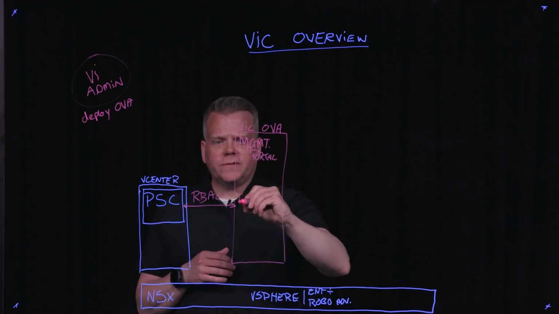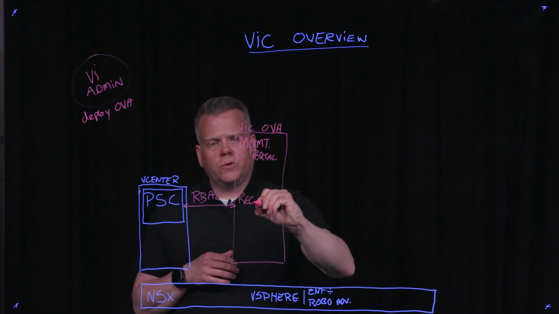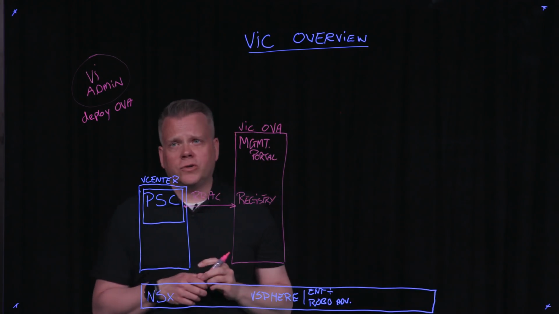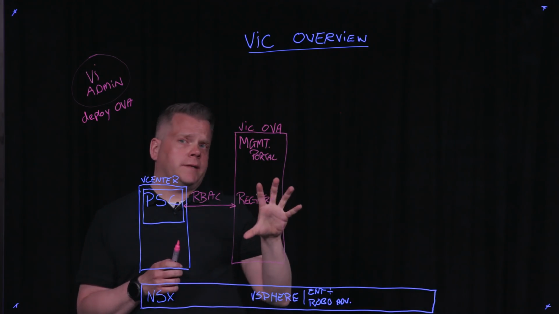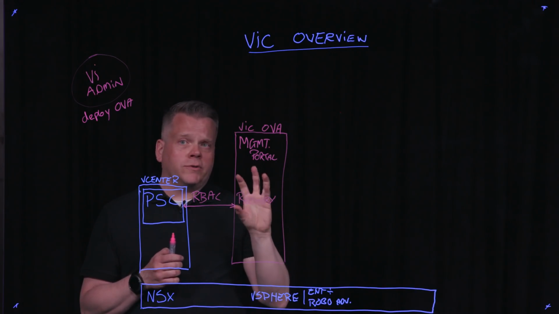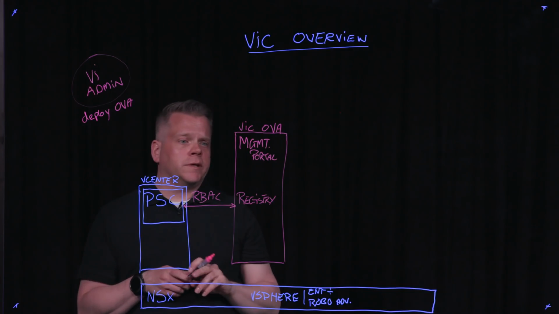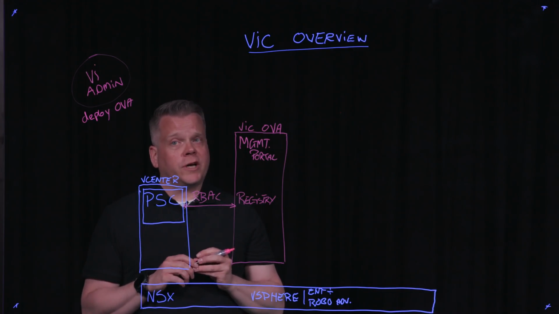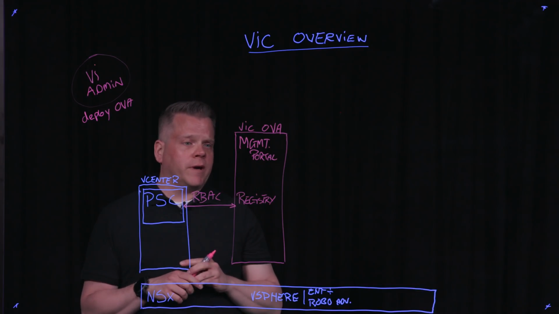The other key component is the registry. Most customers who start their container journey realize very quickly that they need an internal or on-premises area to store their container images securely. So we have a built-in registry as part of VIC. That's Project Harbor, another open source project by VMware.